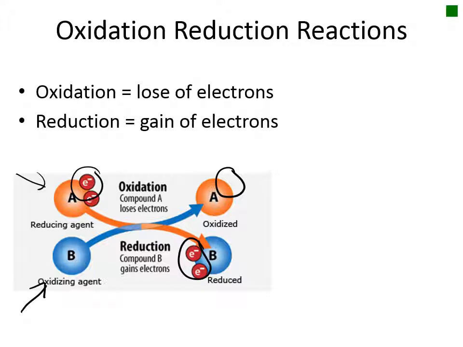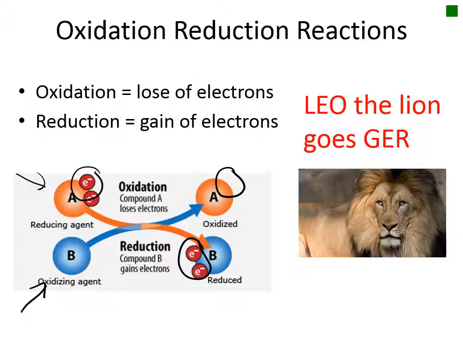Oxidation and reduction reactions are coupled together because when electrons are lost from one molecule, they must be transferred to another. An easy way to remember oxidation-reduction reactions is the saying that Leo the lion goes grr. Leo for lose electrons, oxidize, and grr for gain electrons, reduce.